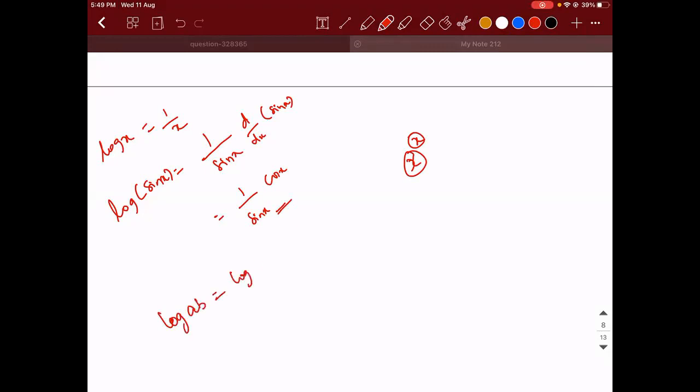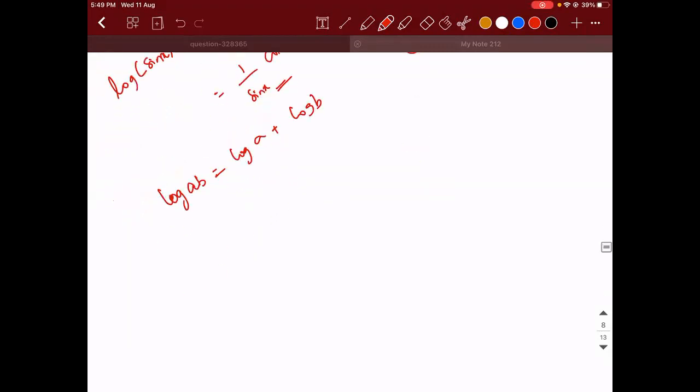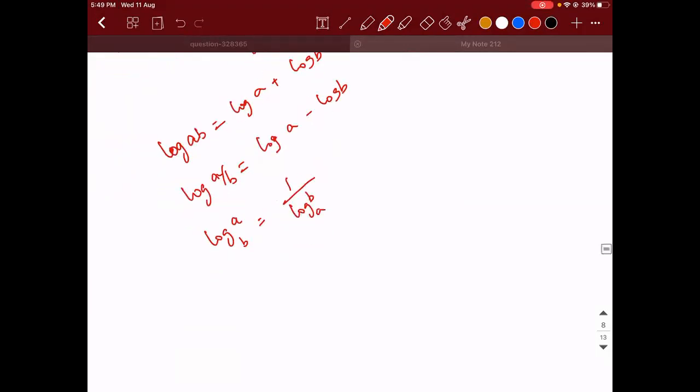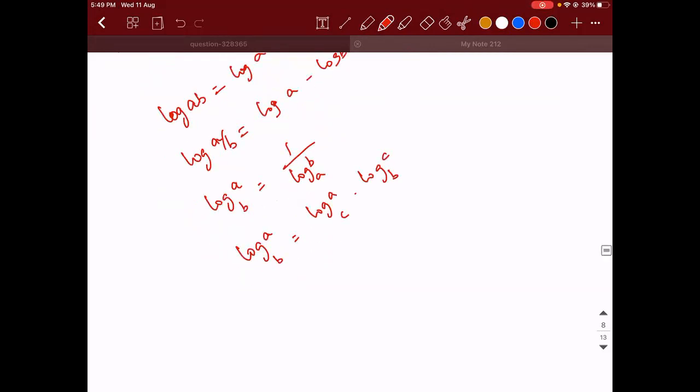Log AB is equal to, I've already taught, log A plus log B. Similarly, log A by B will be equal to log A minus log B. Log of A base B is equal to 1 by log of B base A. Log of A base B can be written as log of A base C into log of C base B. Similarly, log of 1 base anything is 0 for that matter.